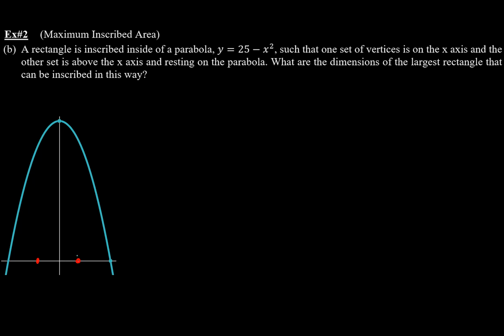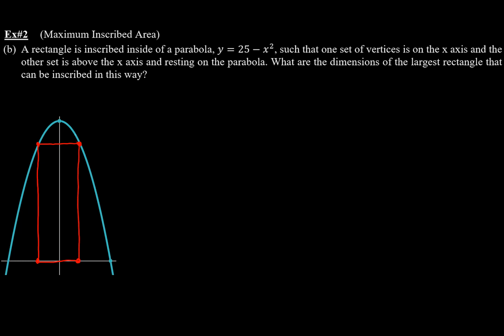One set of the vertices of the rectangle is on the x-axis, and the other set is above the x-axis and resting on the parabola. And this is a rectangle, so it's going to look like this. What are the dimensions of the largest rectangle that can be inscribed in this way?